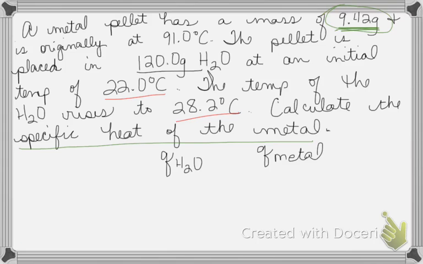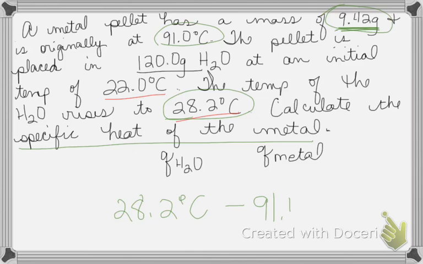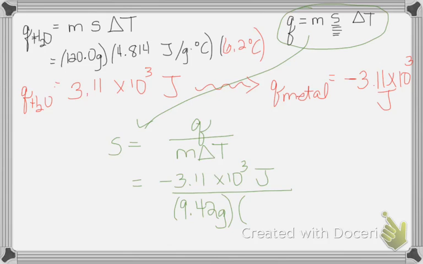What's the change in temperature of the metal? What's the final temperature of the metal? 28.2 is the final temperature of the metal. What's the initial temperature of the metal? 91.0. What's the delta T for the metal? Tell me again, negative 62 degrees Celsius.